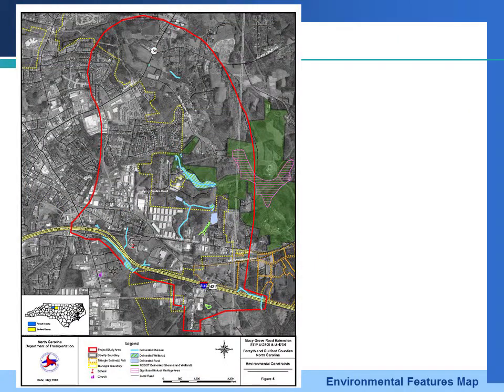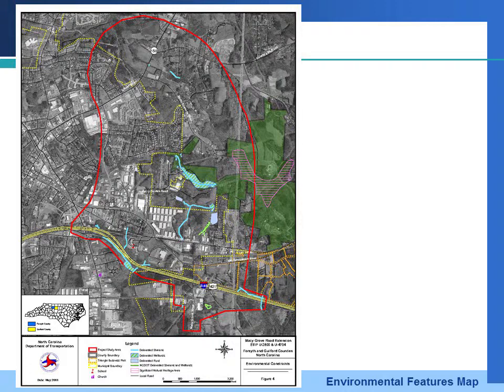This is a basic example of an environmental features map that was prepared for a project roughly 1.5 miles long. The environmental features map includes the study area in red, major roadways are labeled, municipal boundaries are shown in yellow, a major future industrial park is shown in orange, schools and churches are shown with GIS symbols, delineated streams and ponds are shown in blue, with delineated streams shown as blue and green hatching.